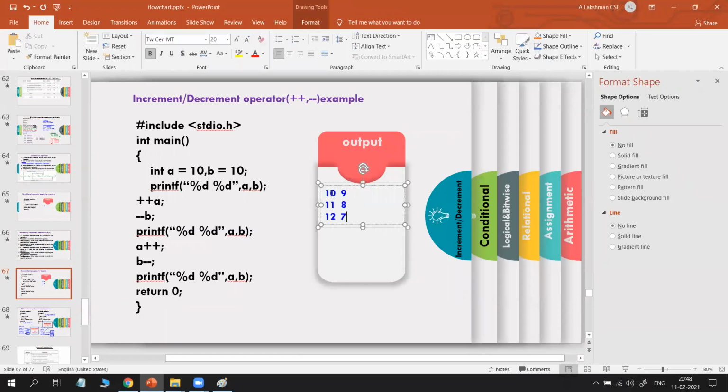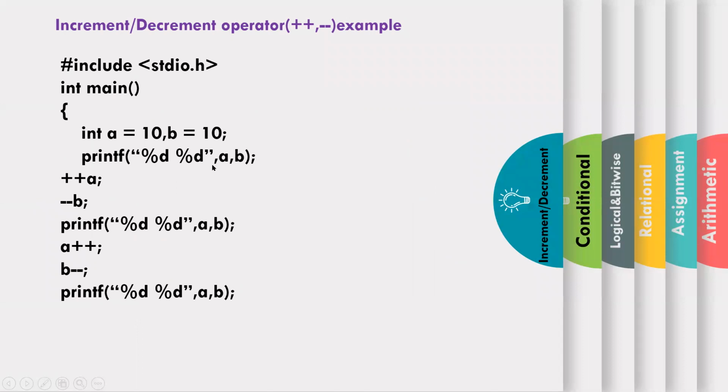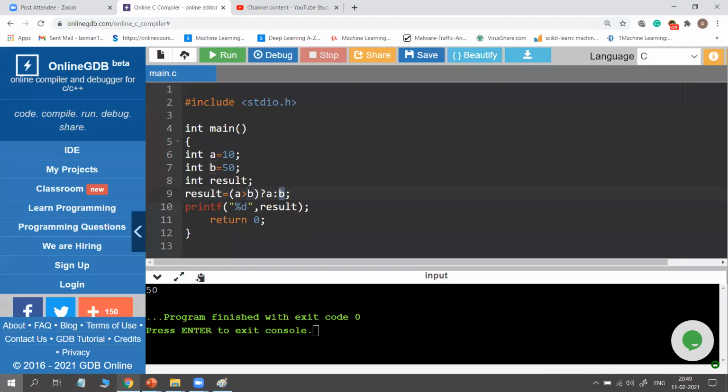So in the first case, sorry, you will get 11 here, and this is 12, this is 13. So in the first statement, if you print the values of A, B, you will get 10, 10. After that, if you increment, you will get 11 and 9. Once again, 12 and 8. Actually, the first time I printed A, B, that's why. Okay, don't worry, I will show you in the direct coding part.